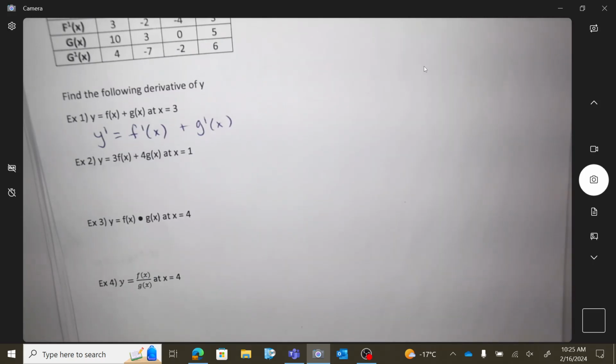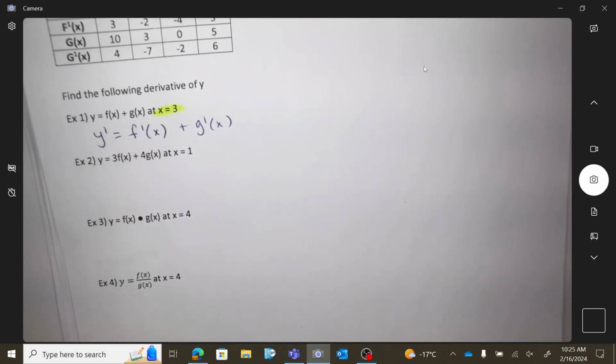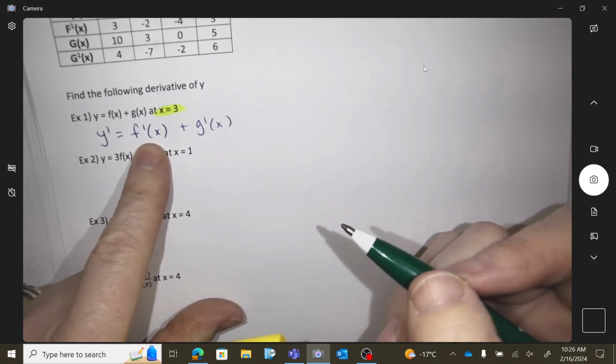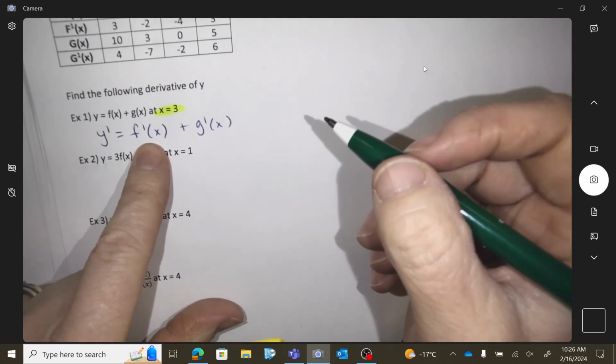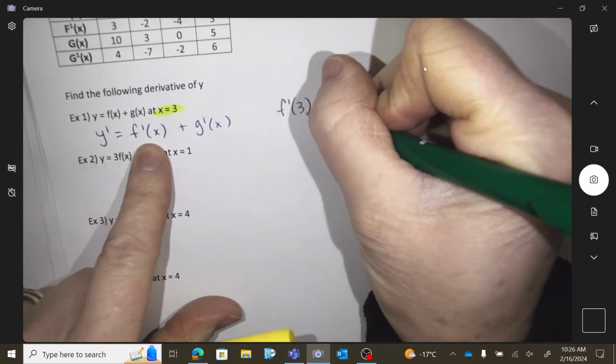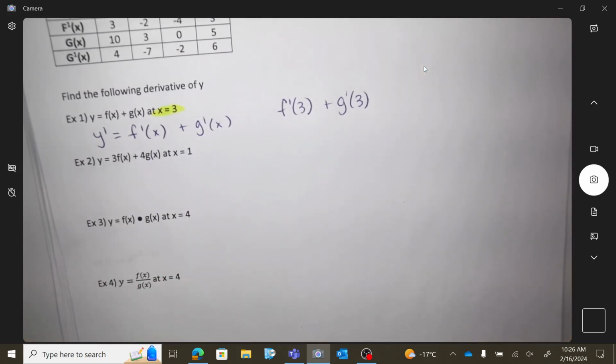So now, when x is 3, I need you to do f prime at 3. How do you read this chart? F prime at 3 plus g prime of 3. How do you read the chart?